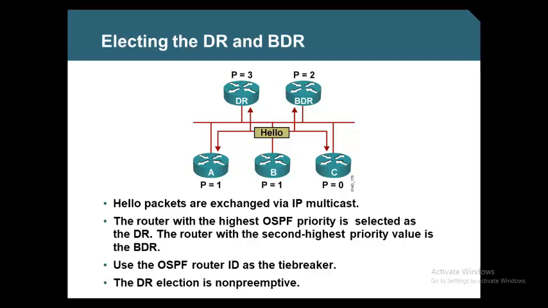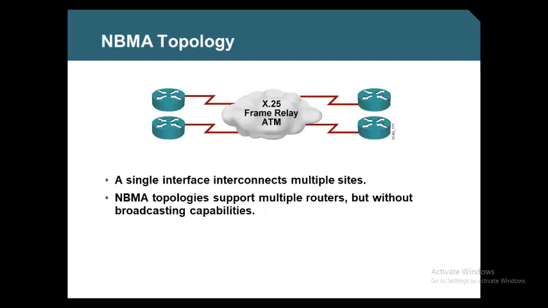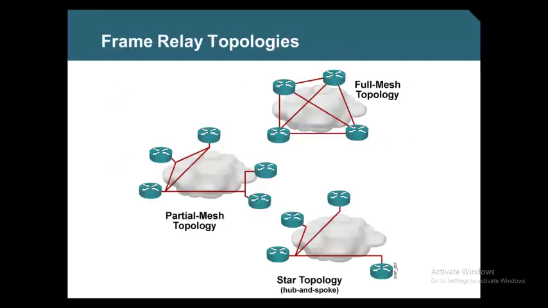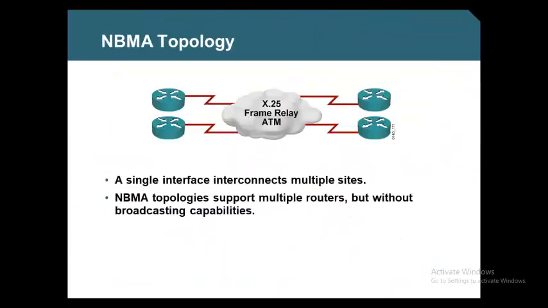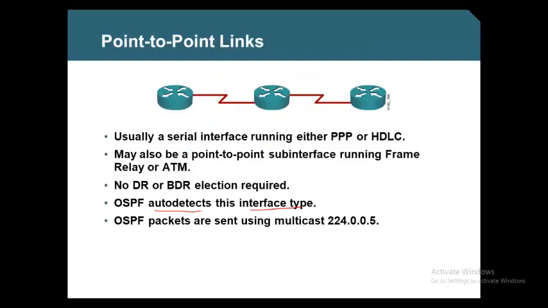This is within a broadcast domain, where one switch is in between to connect these 5 routers. If you want this similar experience over frame relay, you can enable this mode. Same way, if you want a point-to-point experience, like this, what you actually got is a frame relay. Even though you have a frame relay, you don't want the limitations caused by frame relay.